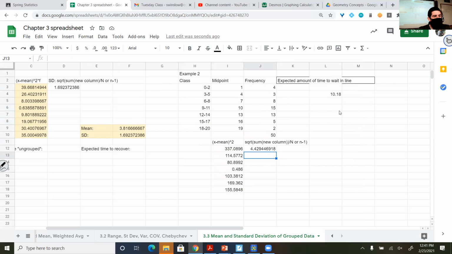So that means you should expect to wait in line about 6 to 14 minutes, which if we go back to our range, 6 to 14, covers 36 of our 50 points. So that's 72% of our data covered in this range, and that's what one deviation from the mean represents.